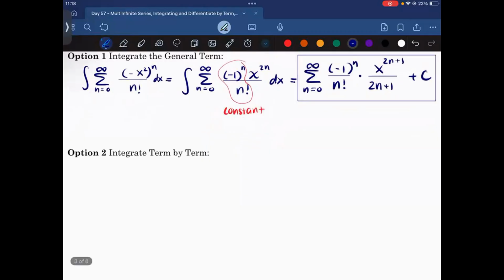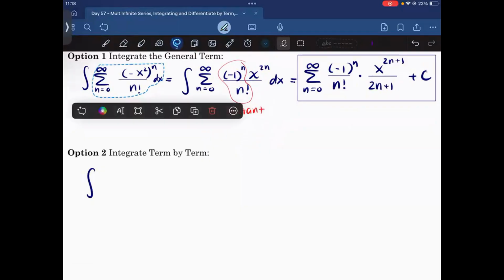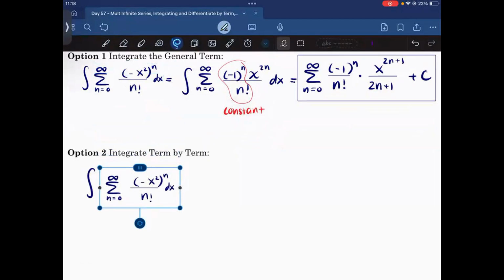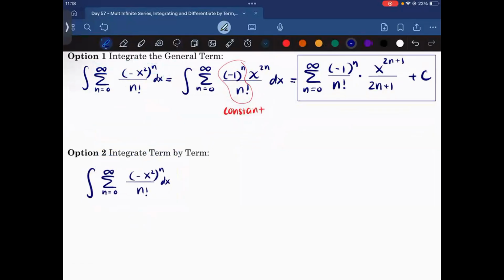The next way is to integrate it term by term. So I'm going to keep the same thing. I'm going to just copy this from up here. And I'm going to start writing out the terms. So I'm going to integrate, starting at n equals 0, 0 is 1, x squared over 2 factorial.